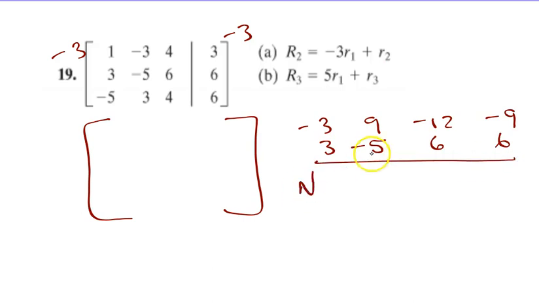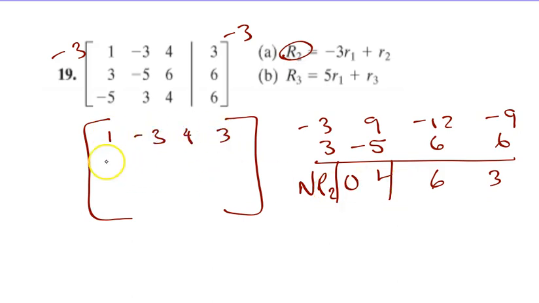My new row 2 is going to be 0, 4, 6, and 3. So again, the only row that changes is the row that we're changing. We have a new row 2. So I'll rewrite 1, negative 3, 4, 3. I've got my new row 2: 0, 4, 6, and 3.